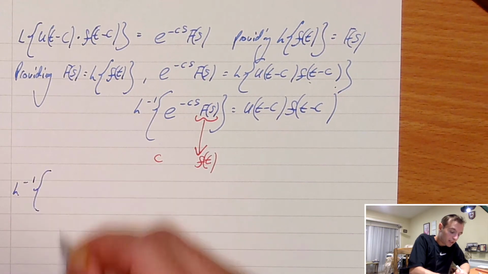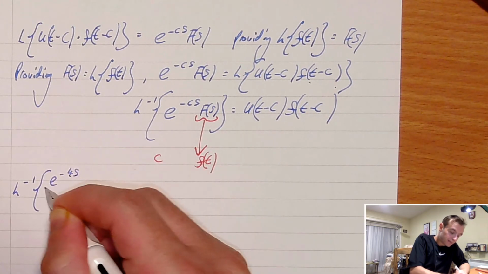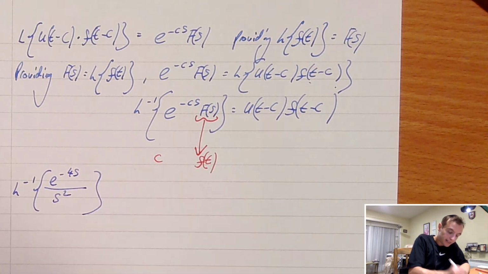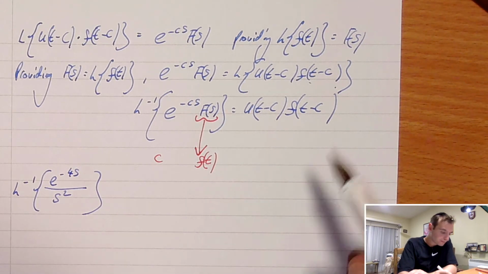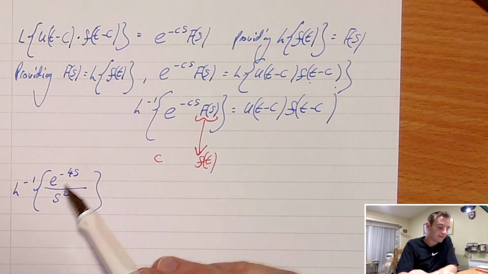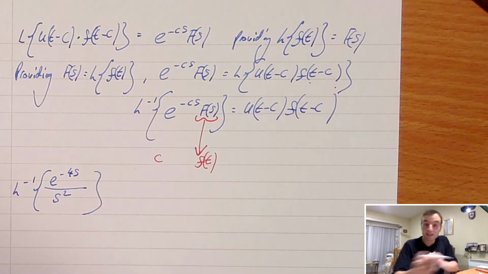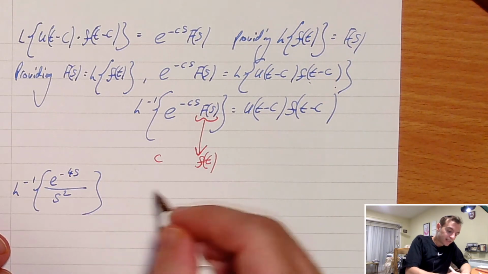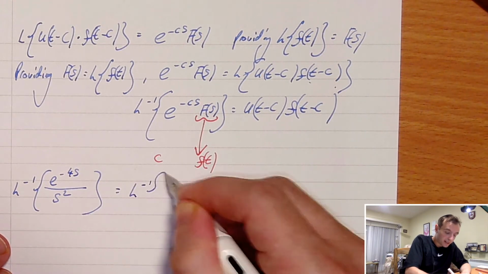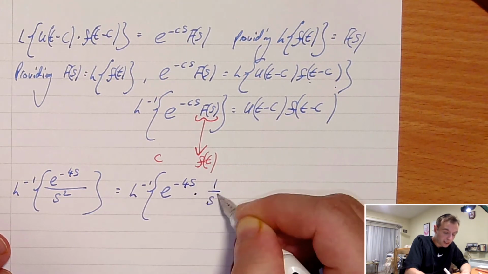So let's say the question was: find the inverse Laplace transform of e to the minus 4s on s squared. So it's nothing that we've seen so far, but if you look carefully, it's of the form e to the minus cs and then something else, isn't it? So we can say that this is actually going to be, write it down in full, e to the minus 4s times 1 on s squared.